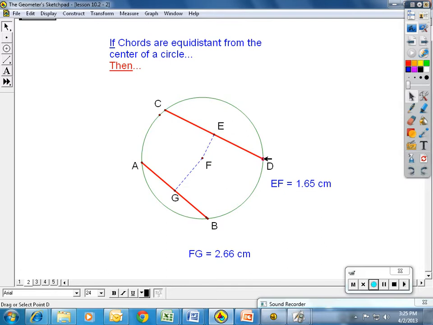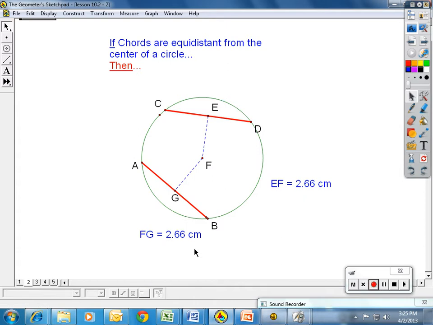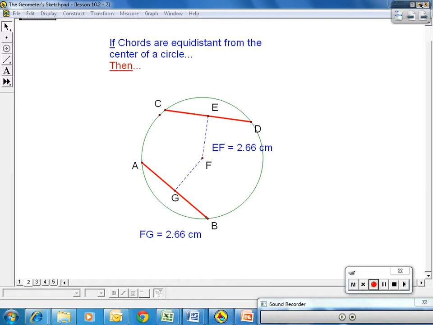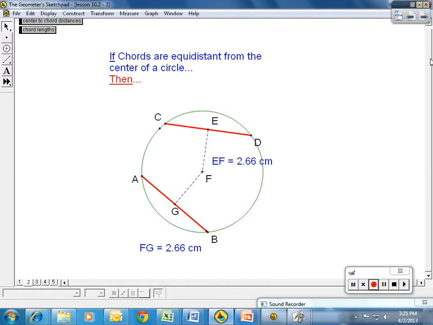So let's adjust this one until I get 2.66. All right. So FG, that distance is 2.66. EF, 2.66. Well, what do you think is the case with those chords? You guessed it. They are congruent.